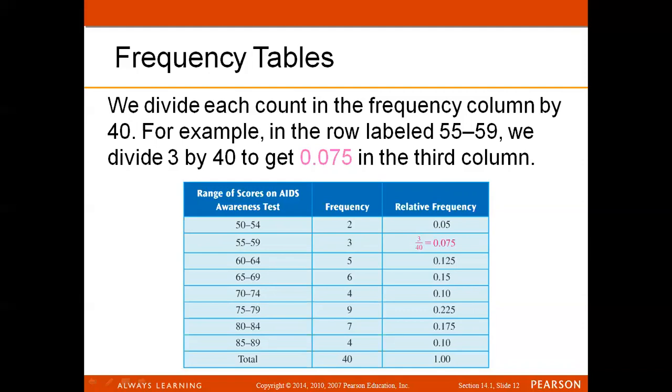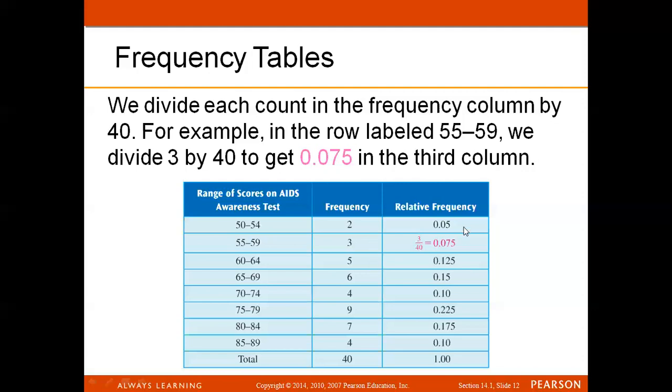So you'll have an X column, a data column, the actual data that we collected from our sample, and a frequency column. Third, we'll have the relative frequency column, where we've taken each frequency and divided individually by 40.